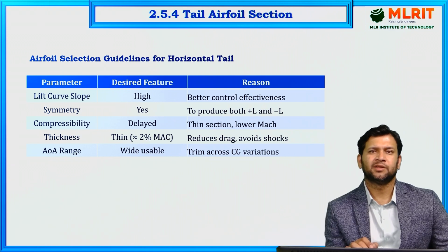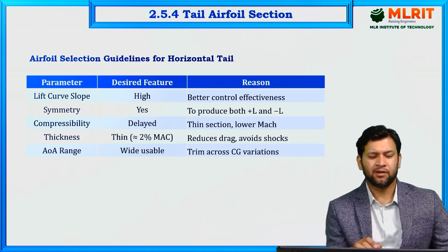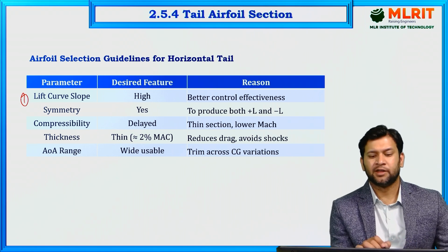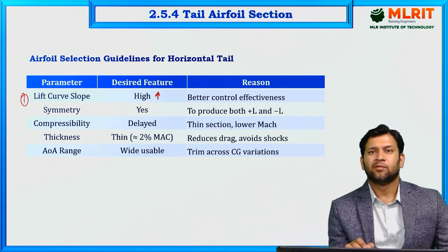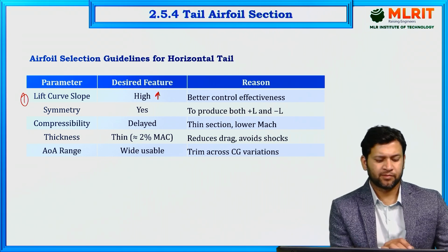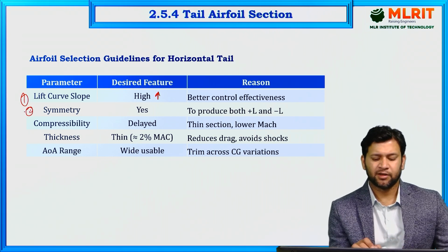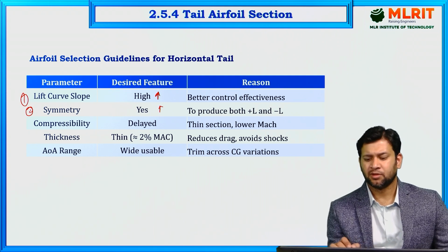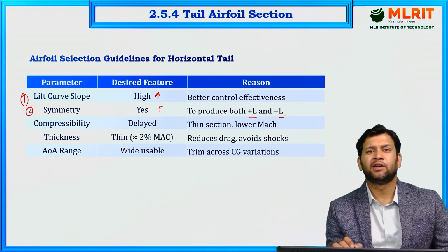Airfoil selection guidelines for the horizontal tail. The first parameter is lift curve slope. The desired feature is high, for better control effectiveness. The second parameter is symmetry. The desired feature is yes, to produce positive and negative lift.